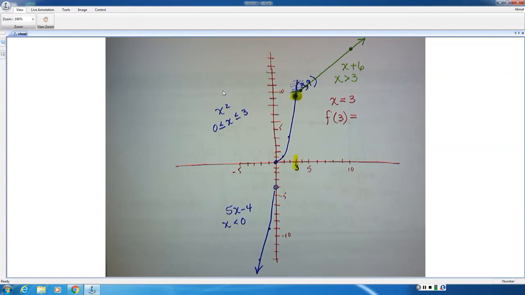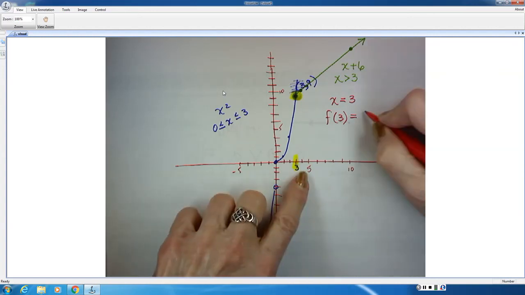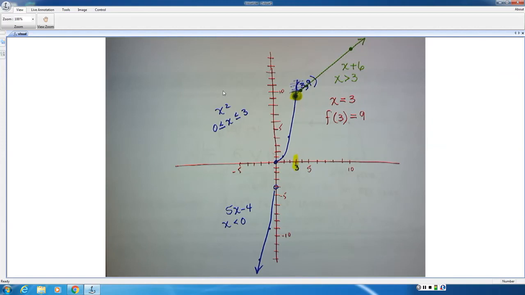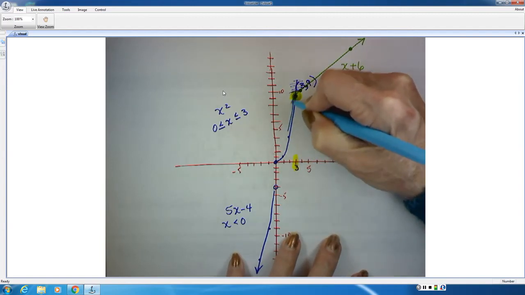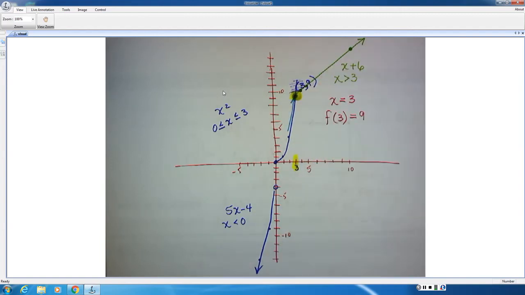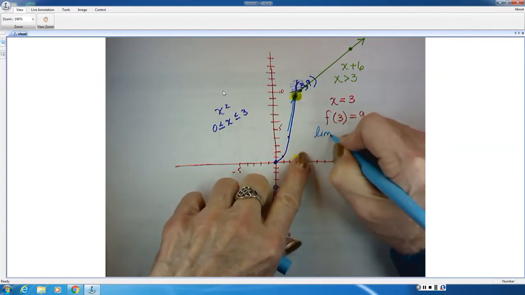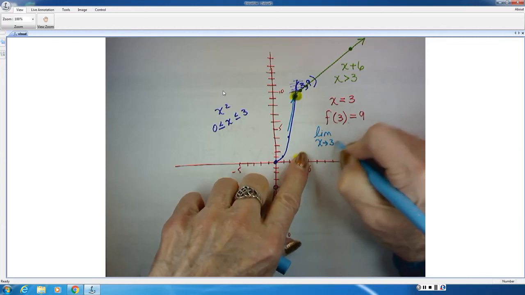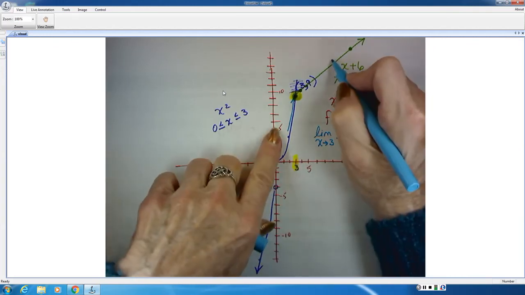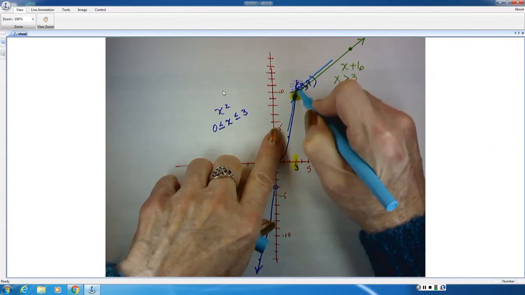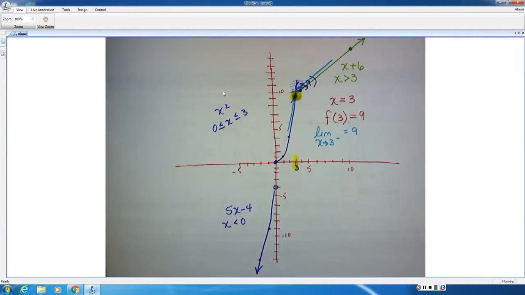By the x squared rule, it's 9. What is the limit as x approaches 3 from the left? As I approach 3 from the left, what value am I honing in on? 9. What would happen if I approach 3 from the right? What value am I approaching? 9.